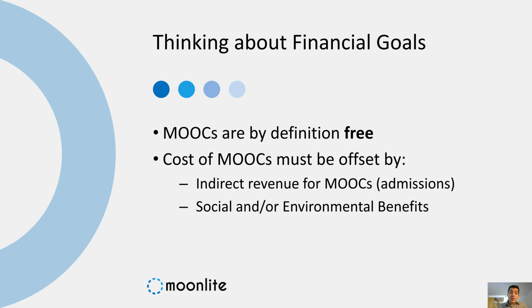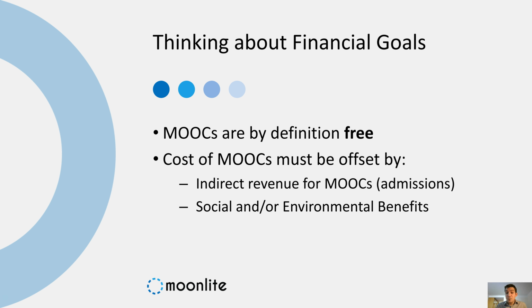In trying to do our cost-benefit analysis, the most important thing we need to take into account is that, by definition, MOOCs are free. Therefore, we can't really charge anything for people to follow them, and trying to make a financial bottom line can be somewhat complicated.